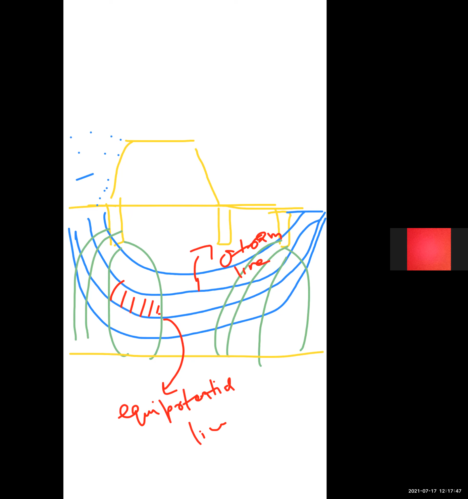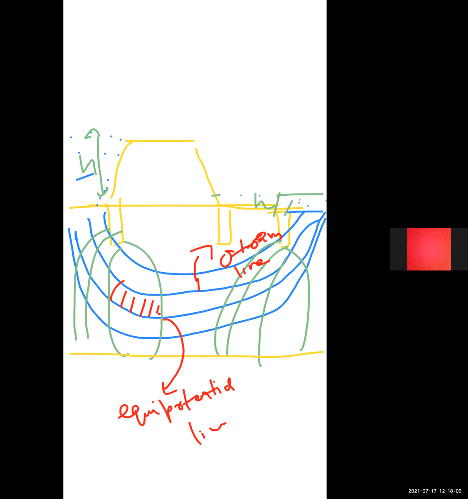This is the flow net. The head difference is H. Here H, and here is the small h.